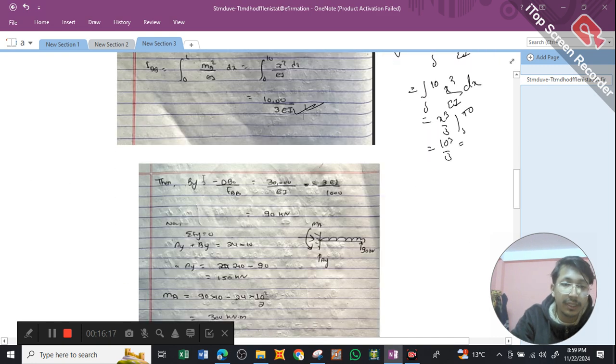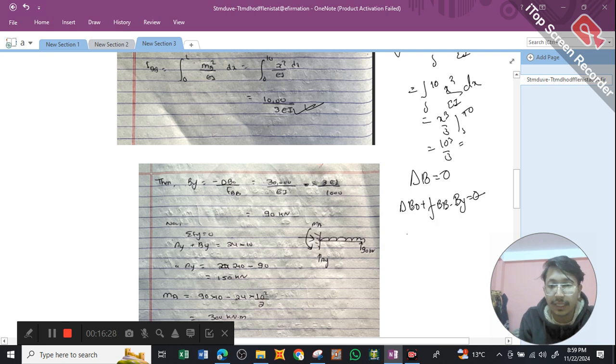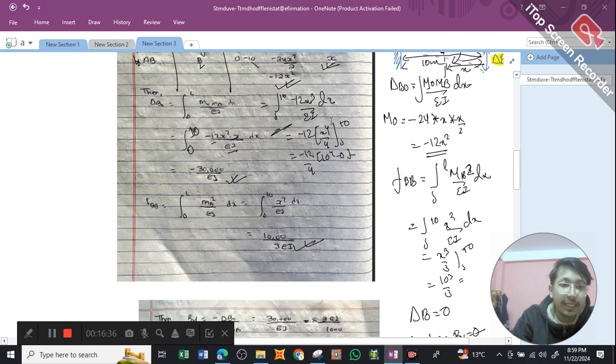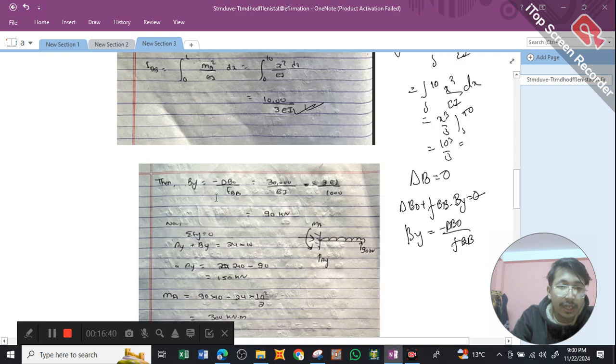Then we have our formula. As I explained before, we started with delta B equals 0. It's a compatibility equation: delta B naught plus FBB times BY equals 0. So we got BY equals minus delta B naught divided by FBB. Now we have the values of delta B naught and FBB, and on solving that, we get the value of BY as 90 kilonewton.